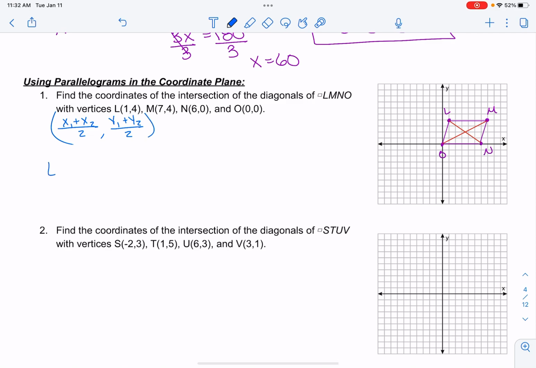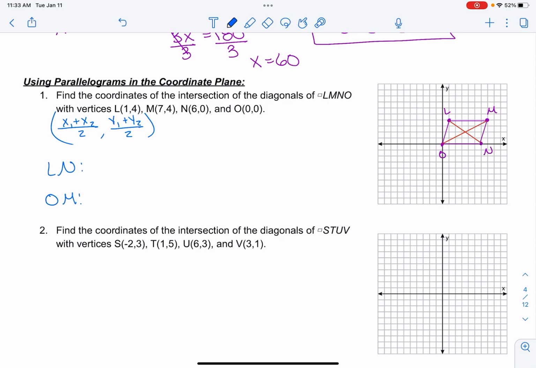So we need to find the midpoint of LN and the midpoint of OM. And these should be the same, but that's why we do both of them, just to make sure that we did the math right on both things.